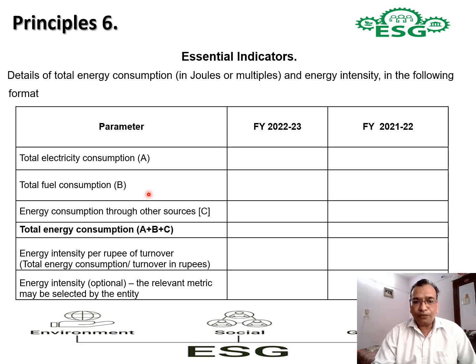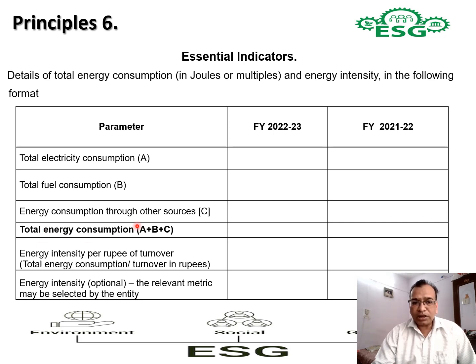Here, the total fuel being consumed inside the factory premises for various operations or generation of steam and all that, like HSD, furnace oil, low sulfur heavy stock fuel, LPG and other fuels has to be disclosed here. Here also it has to be converted into gigajoules using the appropriate conversion formula.